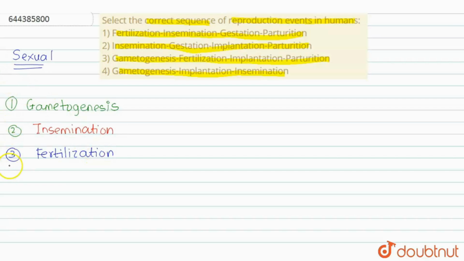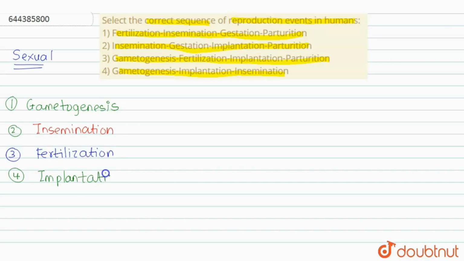After this fusion, a zygote is formed, and then this zygote grows and gets implanted into the endometrium of the uterus. This process is called implantation.